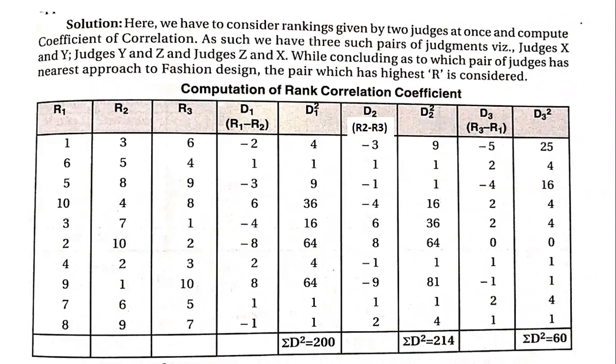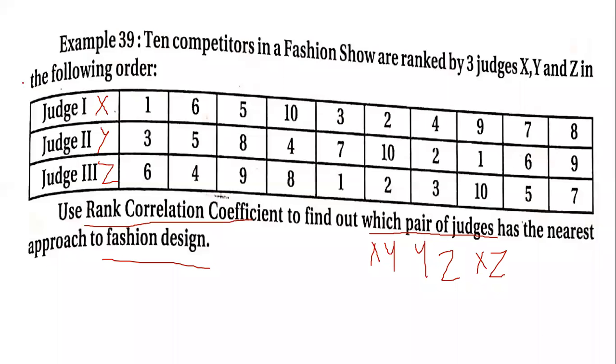Firstly we have to write down all the 3 ranks that are given to us. These are the ranks that are directly given to us, and it is not the XYZ data. These are the ranks given for the XYZ data.